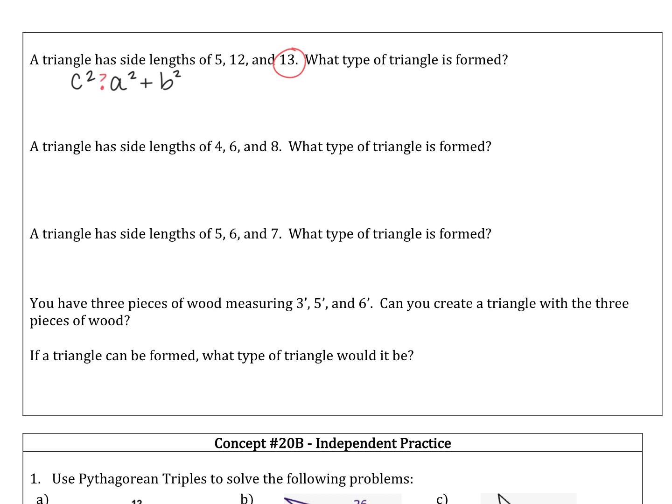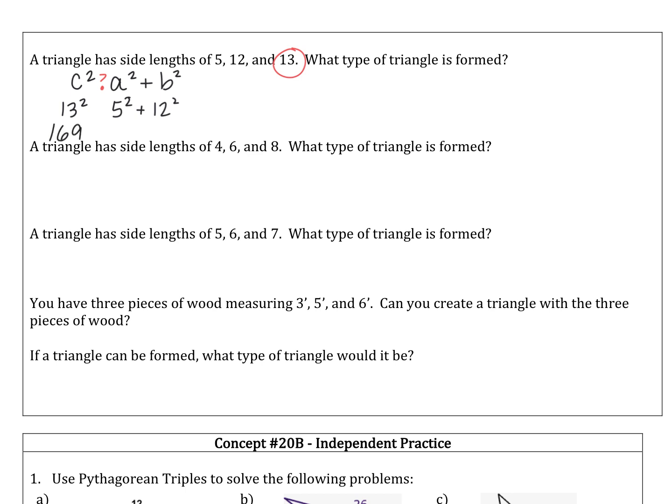Okay, c squared here has to be the longest side, so 13 squared. And then a squared is 5 squared plus 12 squared. Oh, I should have had you get out that chart from yesterday. Maybe you have it out already. What's 13 squared without using a calculator? 169.